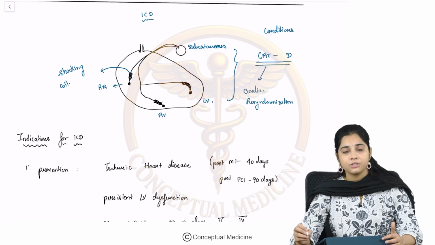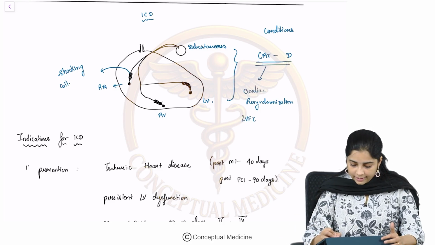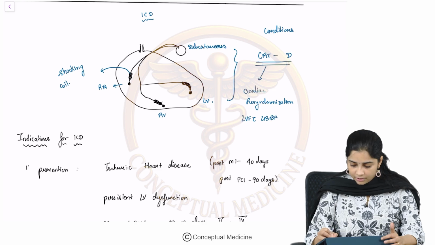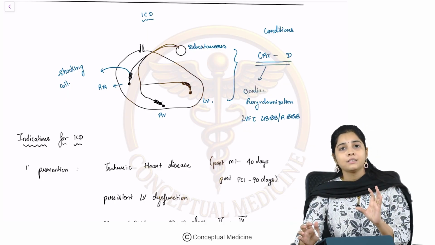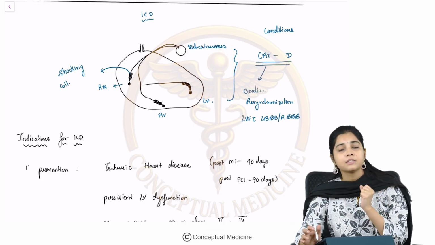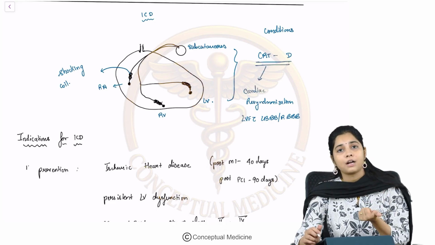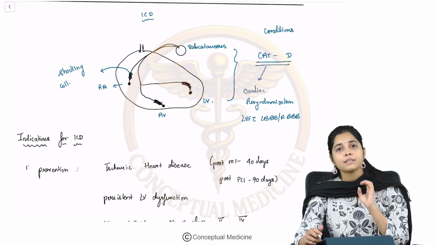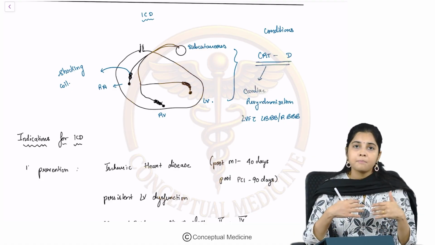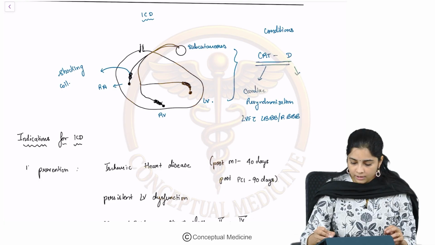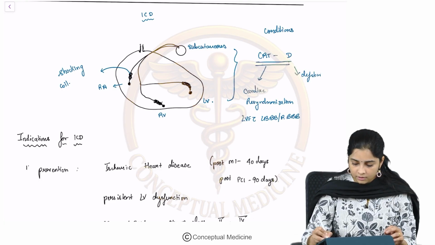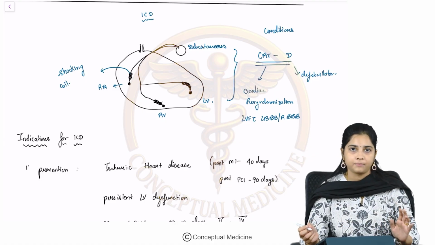Cardiac resynchronization therapy is done in LV failure with bundle branch blocks, with RBBB or LBBB, so that it ensures that all the ventricles act synchronously. But if this heart failure patient also has a risk of VT, then you combine this CRT pacemaker along with a defibrillator, and this is what we call a CRT-D.